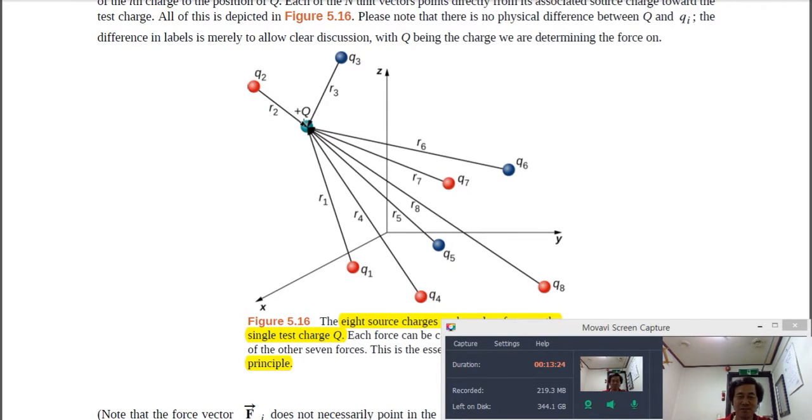Suppose we have a charge capital Q here, and then we have 8 other charges around, and each charge from Q1 to Q8 will apply forces on capital Q. So we add all those forces acting on capital Q. That is called the law of superposition.